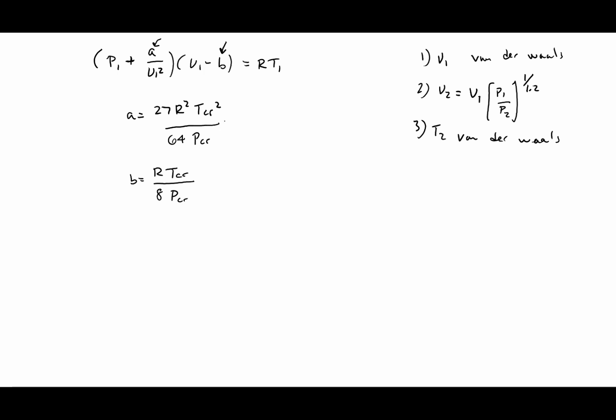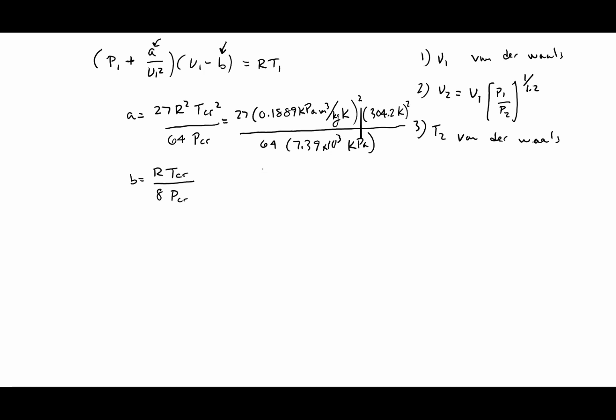So A is equal to 27 multiplied by 0.1889 kilopascal meter cubed per kilogram Kelvin, and this is squared, multiplied by 304.2 Kelvin squared, divided by 64 multiplied by 7.39 times 10 to the third kilopascal.